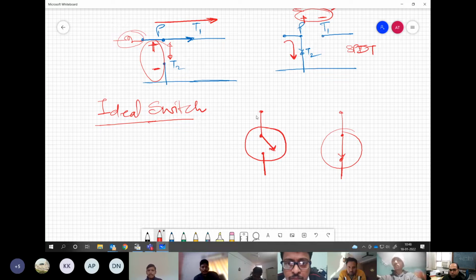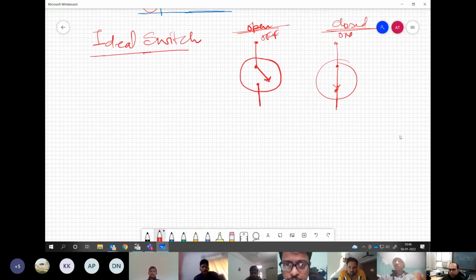Now, what are the properties of this ideal switch? Obviously this is called the open state or off state, and this is the closed state or on state. There are only two states possible for any switch, right? Now, when we say the switch is off, what we are trying to say is that there is no current flowing through the switch.